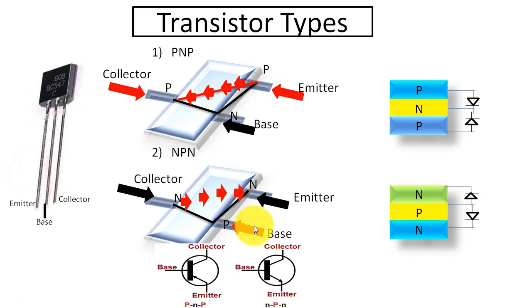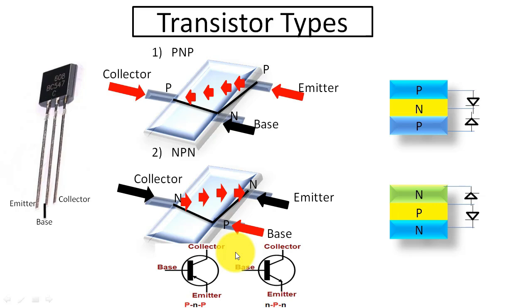If you want to turn the NPN transistor on, then you have to ensure positive voltage to the base. Positive voltage means above 0.7 volts. If you give positive voltage to the base, then this NPN transistor will be turned on.